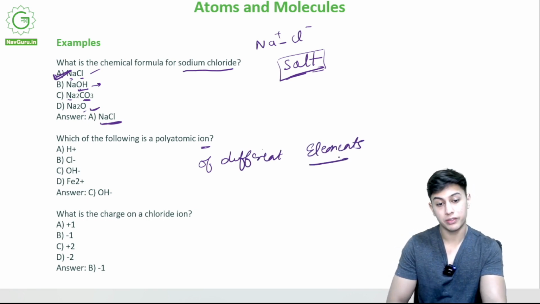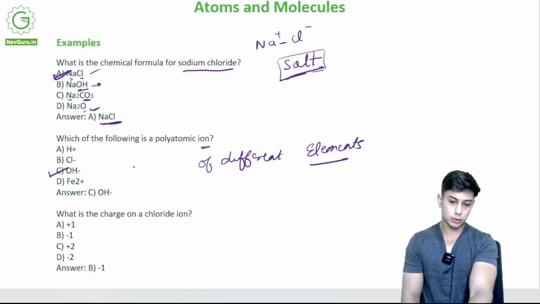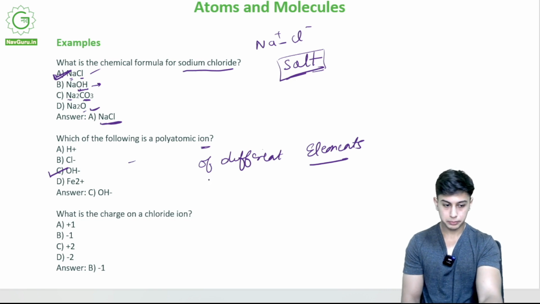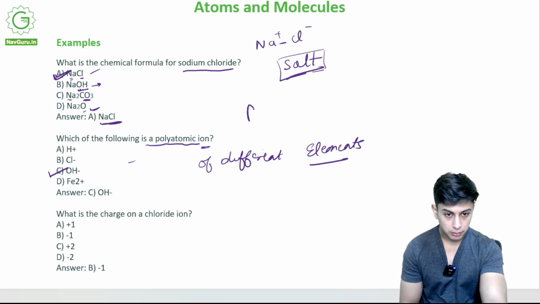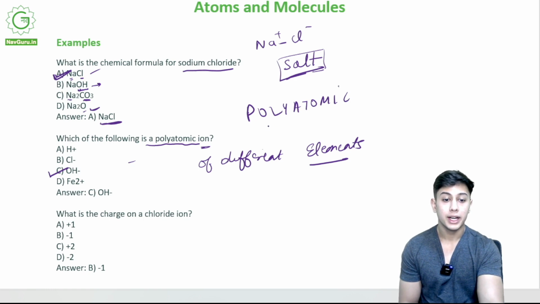More atoms of different elements, so it is OH minus, because H is also there, O is also there. Alright, that makes a polyatomic ion. The term polyatomic, the term diatomic.